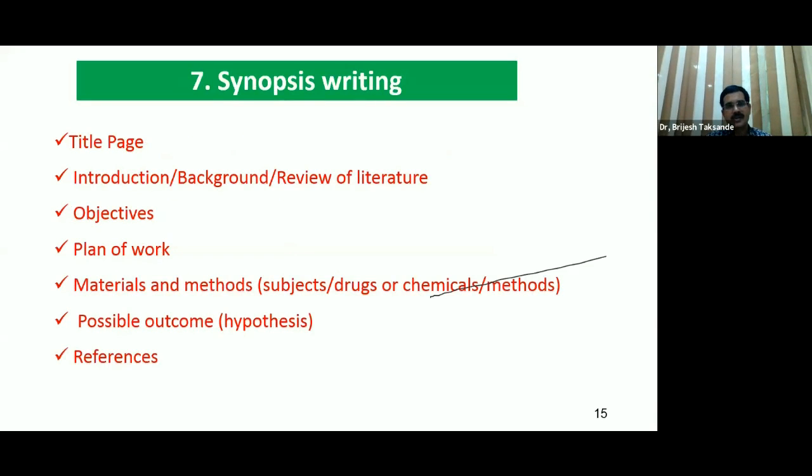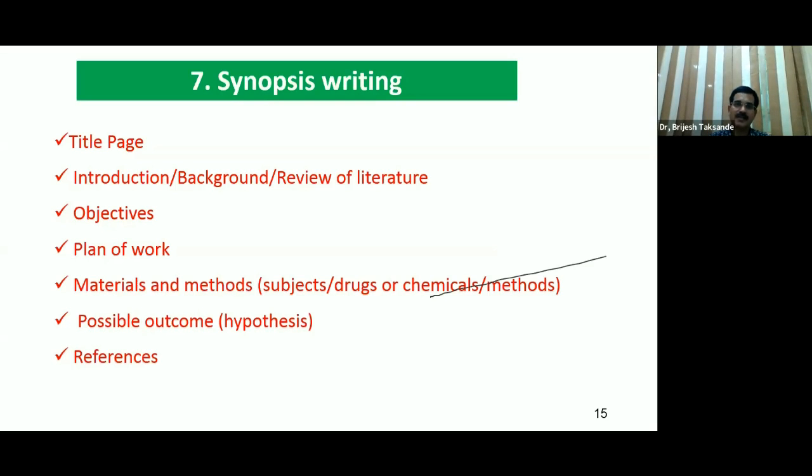So coming to the synopsis writing, finally this is very important because you have a due time, and the deadline is also given by the principal sir. And I think it is in August that you need to submit your synopsis. So it will cover a title page. Then it will have an introduction.